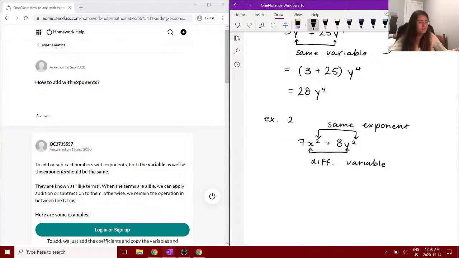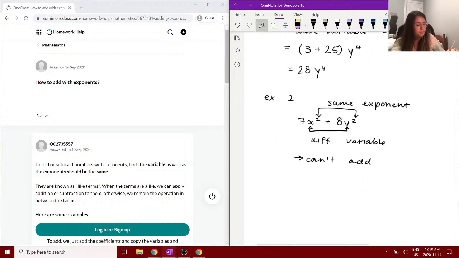And when you have unlike terms, or in this case two different variables, we can't add. So when we can't add, we'll just leave them the same. So it remains 7x squared plus 8y squared.